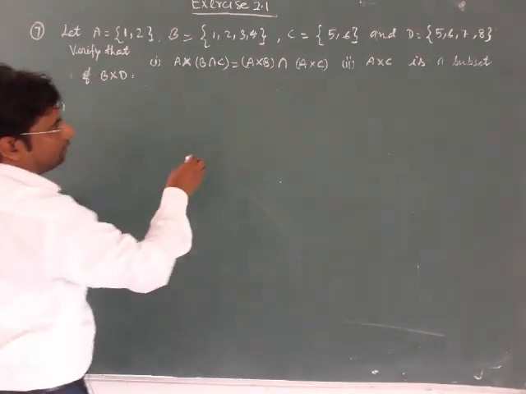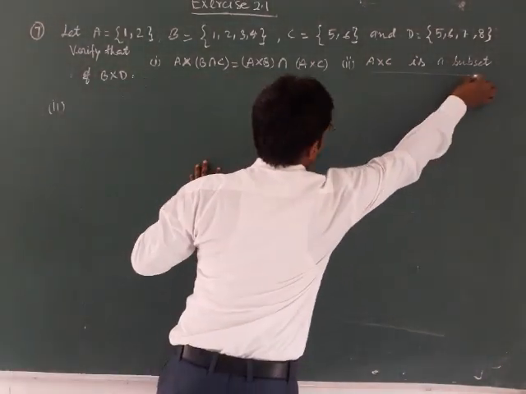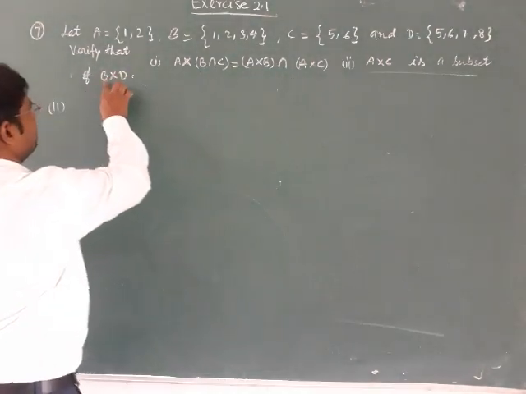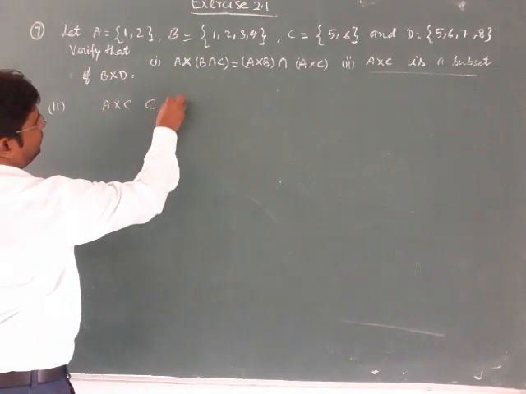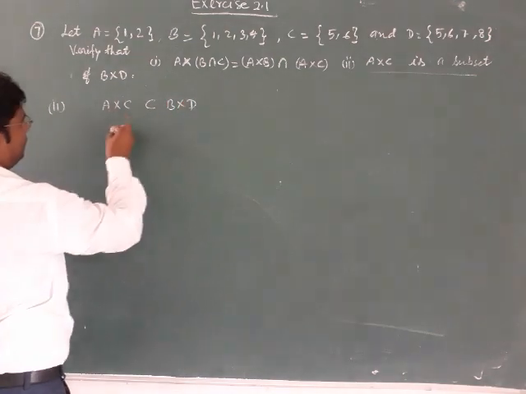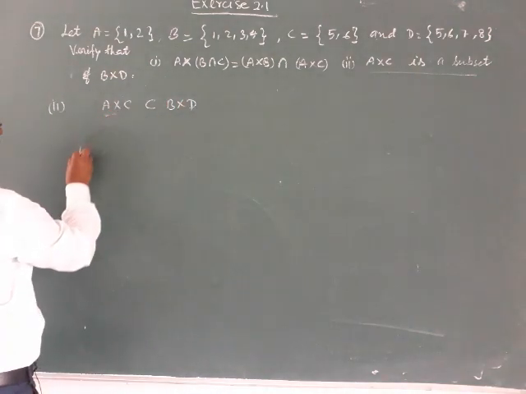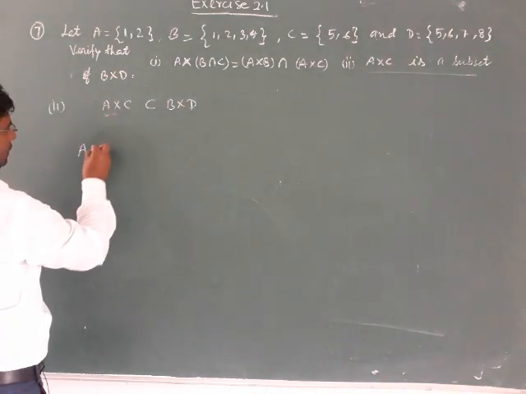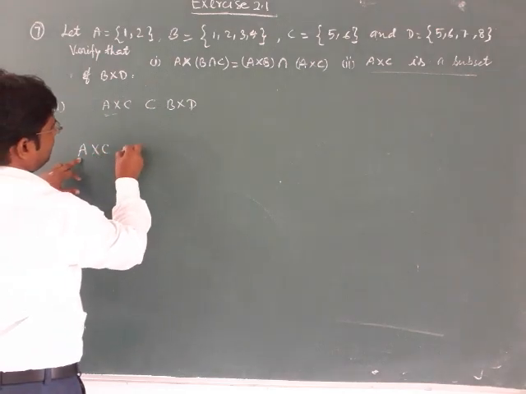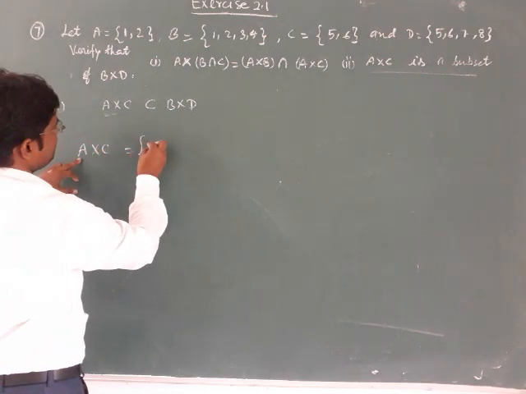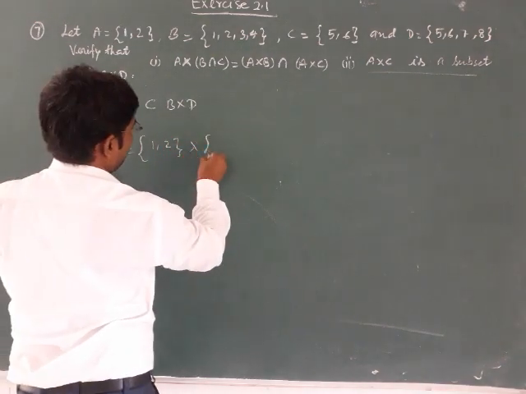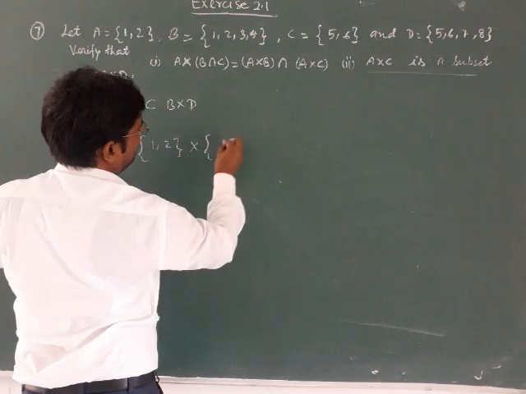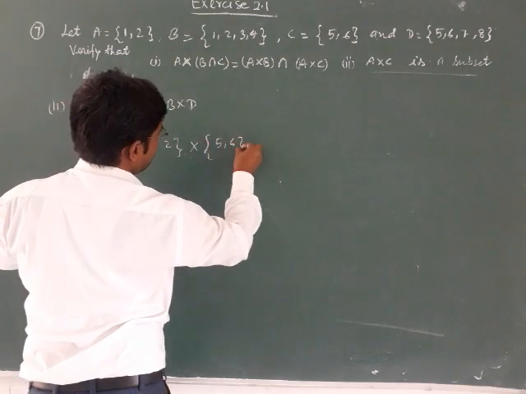Second part: A cross C is a subset of B cross D. Now initially find A cross C, where A has elements 1, 2 and C has elements 5, 6.